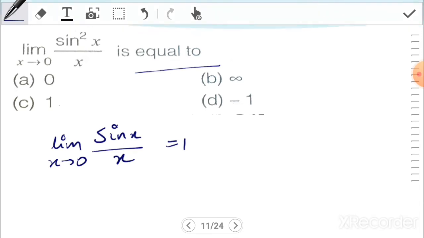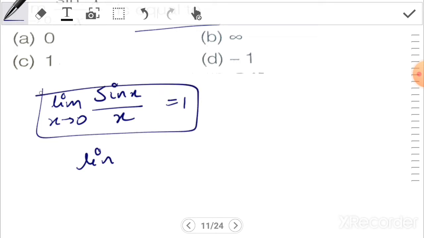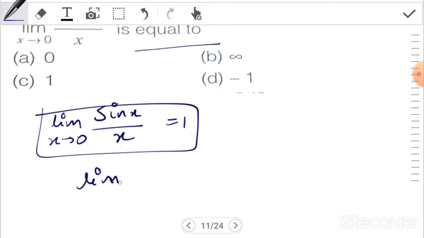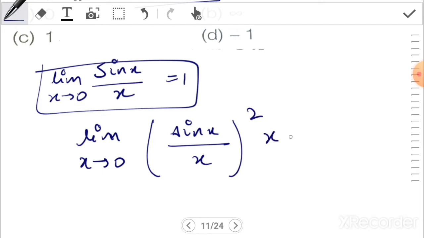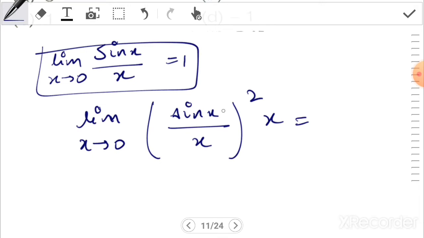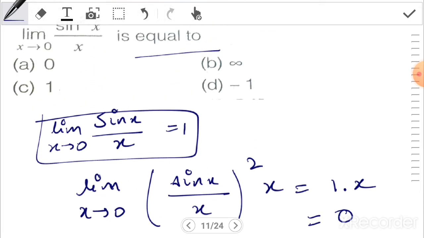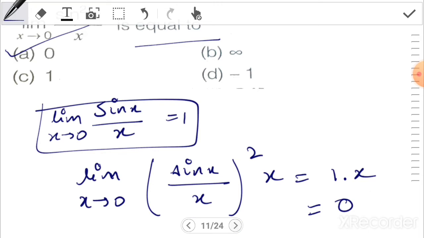So we can modify this problem as, since we have one standard limit, limit x tends to 0 sine x by x whole square into x, then this will be 1, so 1 square into x, and if you put x is equal to 0, then this will become 0. So now 0 is the right answer. Okay, let us go to the next problem.